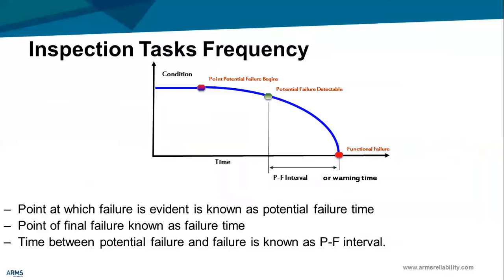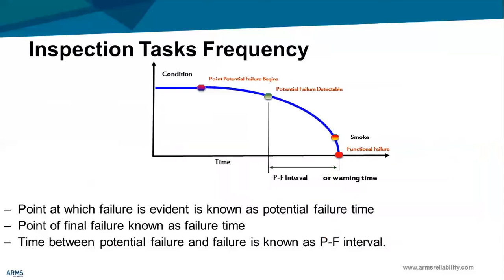Now, that P2F interval is going to vary based on the type of inspection I'm doing, because remember it says when the potential failure becomes detectable, which is going to be different if I'm simply doing a look, listen, and feel inspection. It's going to be very different and a lot longer if I'm doing a detailed vibration analysis. So as I use different technologies, I get a different PF interval, and that's the most important thing.